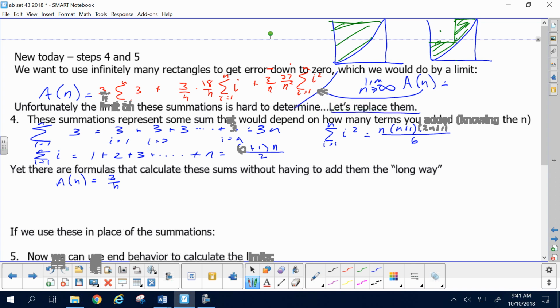Now, this one. This goes to your skill as an end behavior specialist, but power-wise, isn't it n squared over n squared in terms of dominant powers, yes? If it's n squared over n squared, don't those n squareds pretty much knock each other out? And it's all about the constants. And so the constants are 54 over 2. Okay?